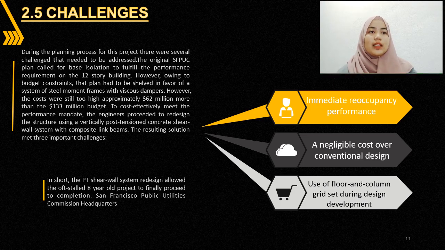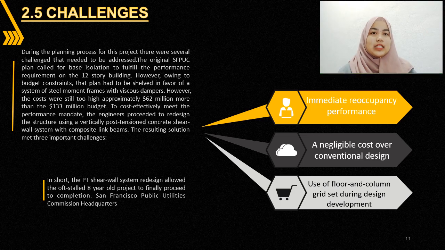However, owing to the budget constraint, that plan had to be shelved in favor of a system of steel moment frame with buckling-restrained braces. However, the cost was still too high, approximately $62 million more than the $133 million budget, to effectively meet the performance mandate.